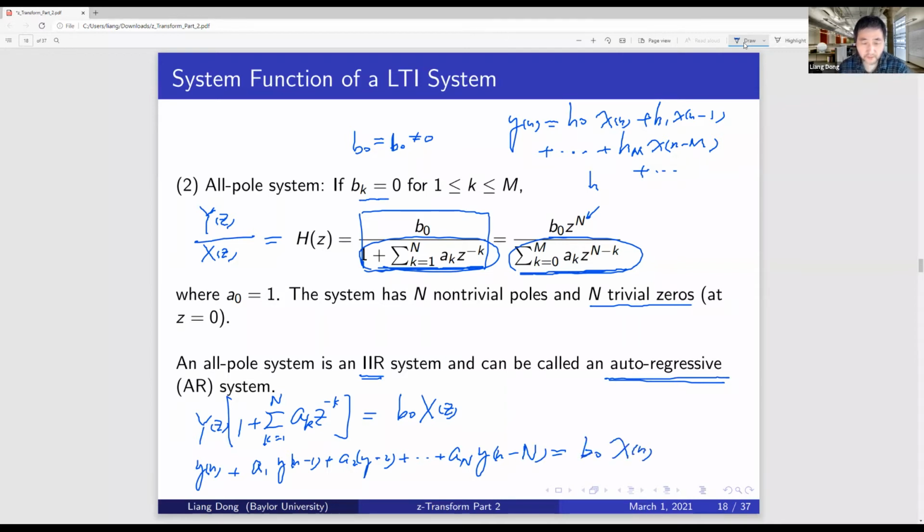Okay, that's it. So if you move all these y's as a memory to the right-hand side of my equation, we just have yn equal to the negative sum of all these a's weighting the past y's, plus b0 xn. It's autoregressive, because I'm taking the feedback of y. It's a regression of the system.